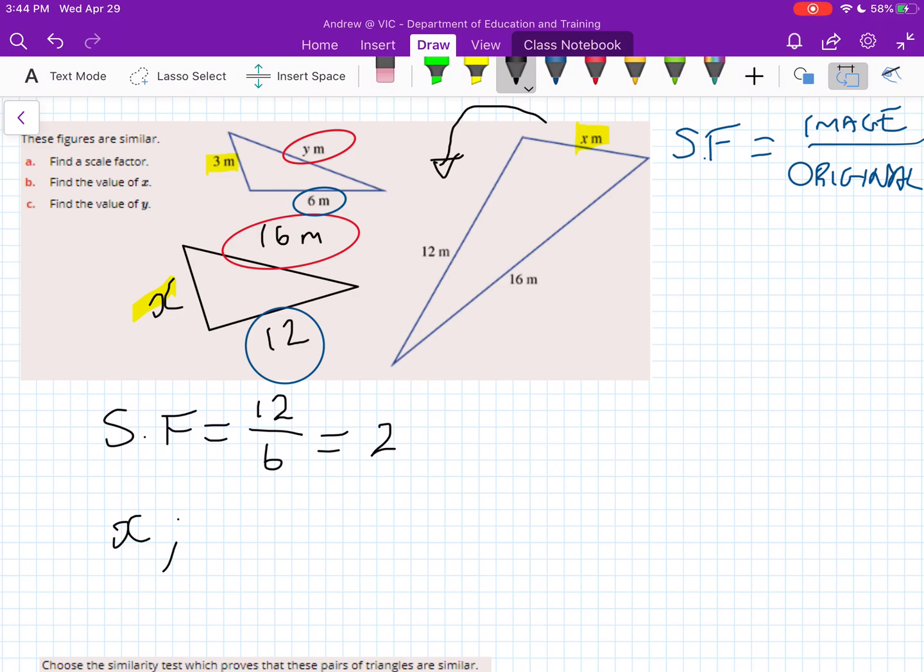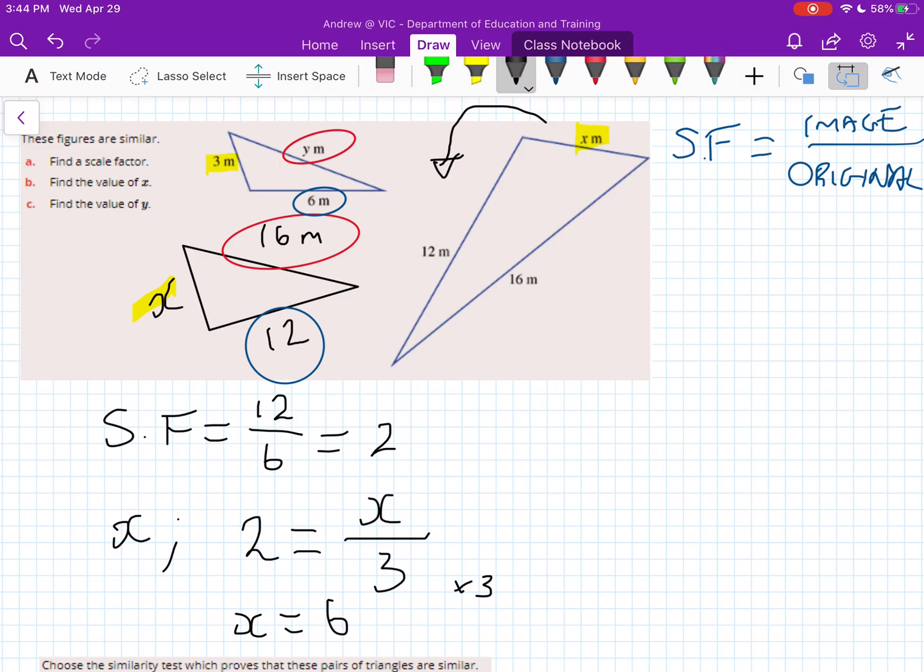We use our scale factor, which is 2, and our image was the second one, which we got our value from. So X is going to be on the top because that's on the image, and that's going to be over 3. Okay? So to figure out X, we just need to multiply both sides by 3. So X is equal to 6.